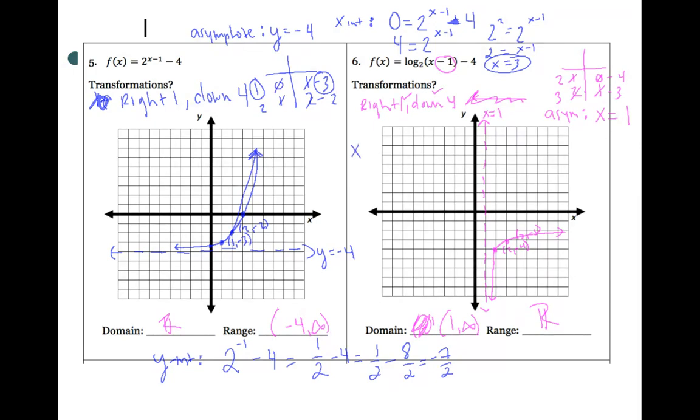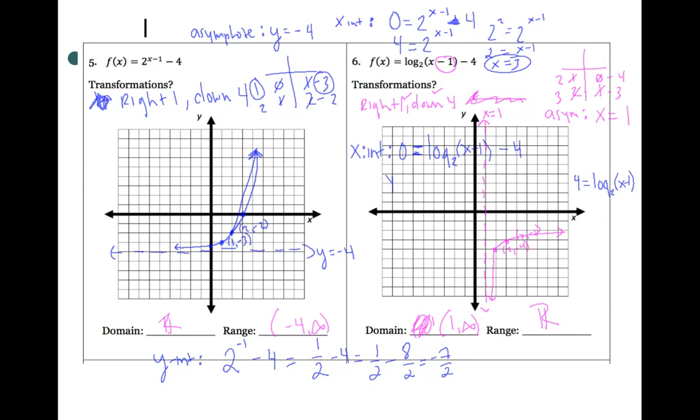So if I wanted to do the x-intercepts, why did I do blue? It's okay. I'm going to set it equal to 0. So 0 equals log base 2 of x minus 1 minus 4. I'm going to add 4. 4 equals log base 2 of x minus 1.